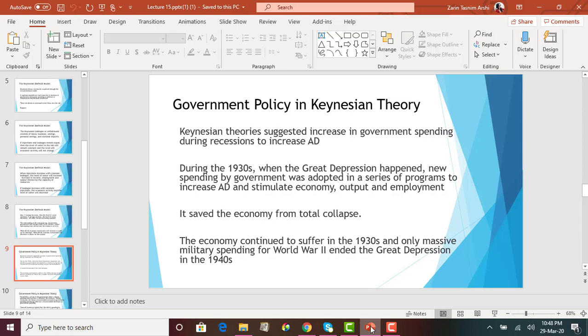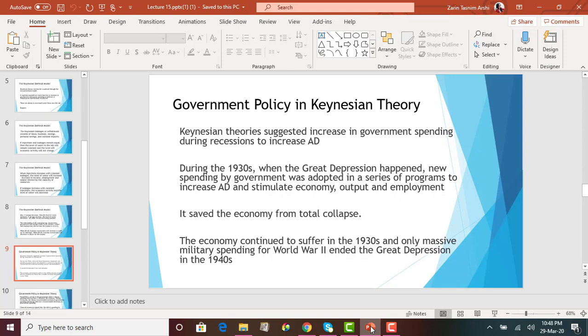Now definitely when government expenditure goes up, that expenditure needs to be financed through taxes, so there may be some negative impact on output as well, but the overall impact is positive, and that takes the economy out of the recession. And that's exactly what happened during the Great Depression.